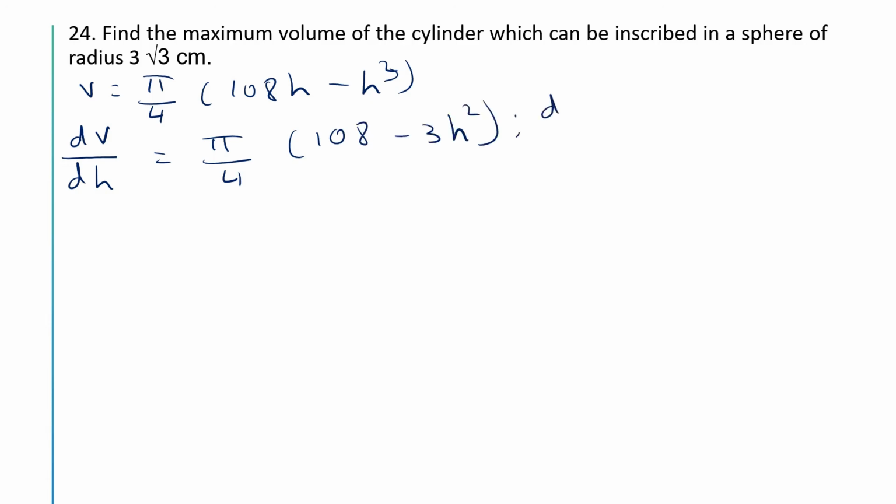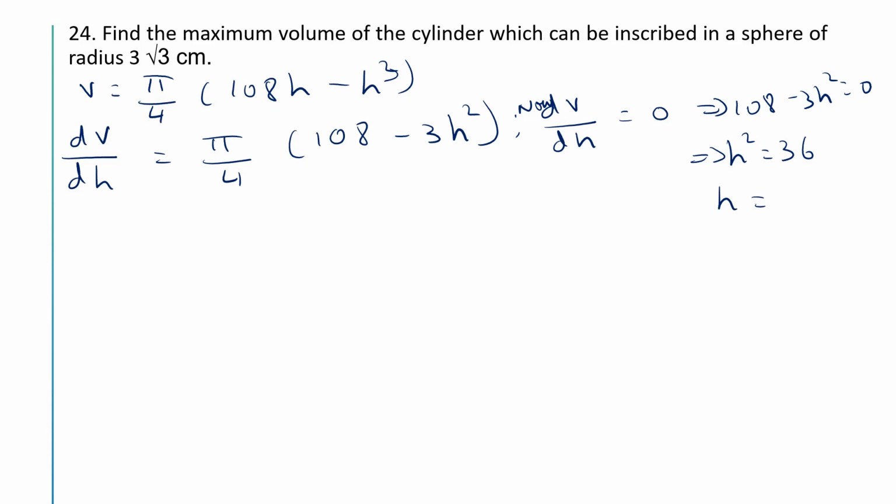At the critical points, we have dV by dh as 0, which means 108 minus 3h square equal to 0. From this we have h square is equal to 36. So h is equal to plus or minus 6. We cannot take minus 6. So h is plus 6.